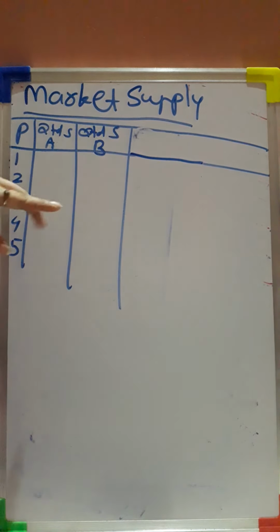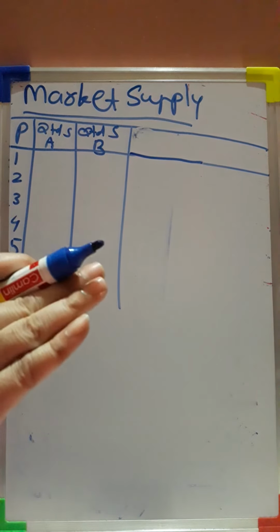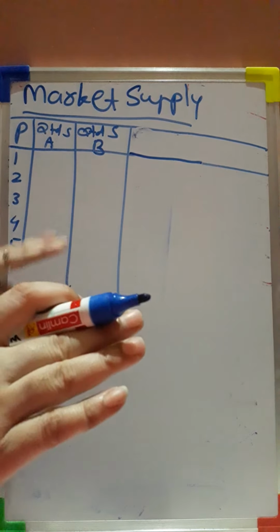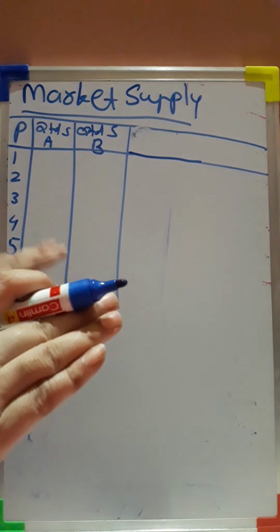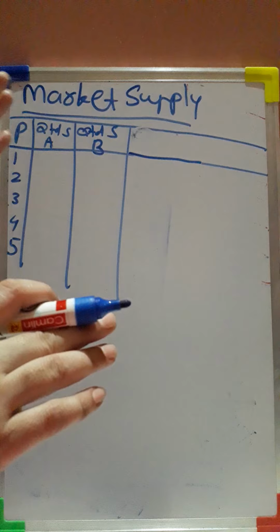To calculate market supply, first of all, market supply means the total quantity of commodity supplied by all the producers in the market at a given price and given time.